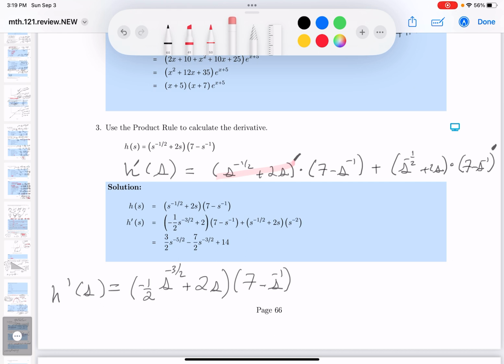You know what? That doesn't look like it's on the S. Let's put this over here. Plus, let's write this down. You know, it doesn't look like minus 1/2 either, does it? Times root of 7 minus S to the minus 1.